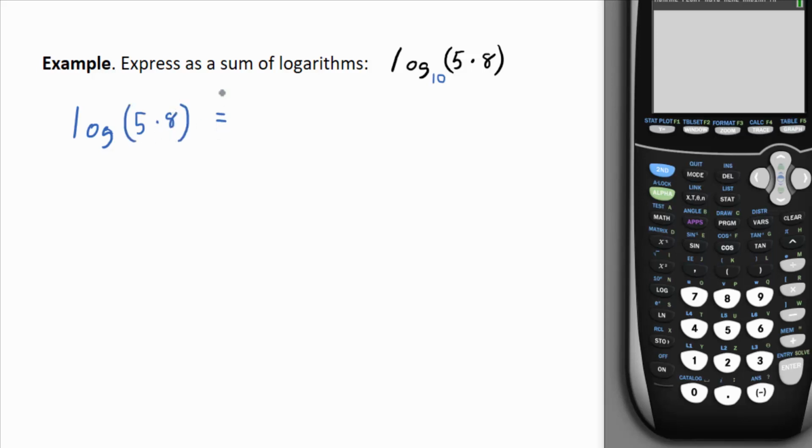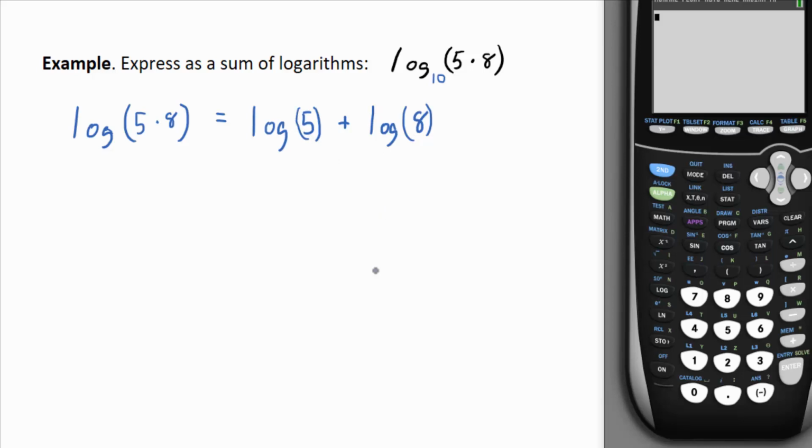You can split it up. It says that's equal to the log base 10 of 5 plus the log base 10 of 8. Again, you don't need to show these parentheses, and you don't need to show the base 10.